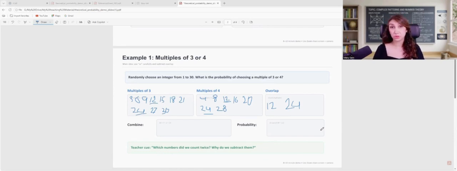So we have 2 numbers which are counted twice, and we need to subtract those duplicates. Be careful about this part. So when we combine 10 and 7, we should subtract 2. So the result is 15.